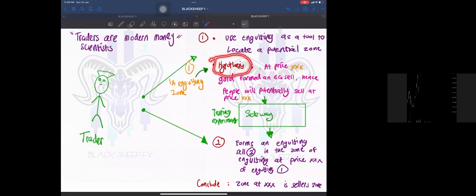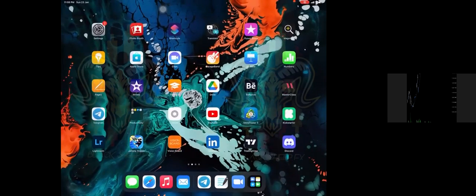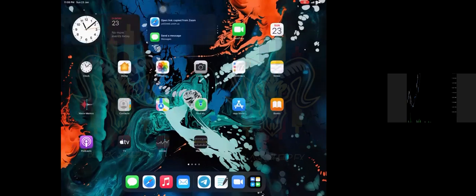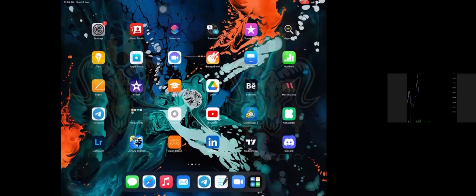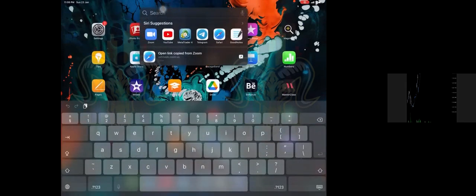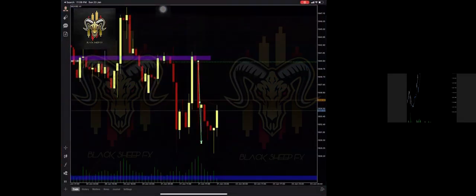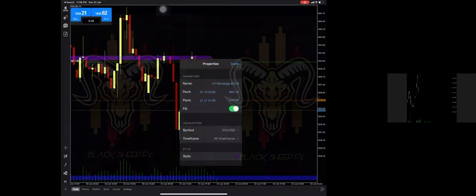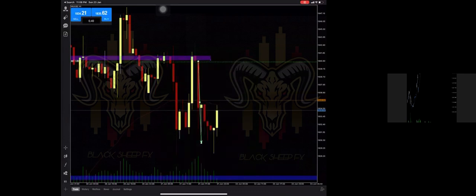When we open the chart, we have to have our subconscious hypothesis. Meaning, what is the hypothesis?